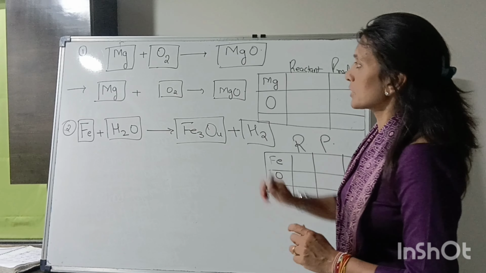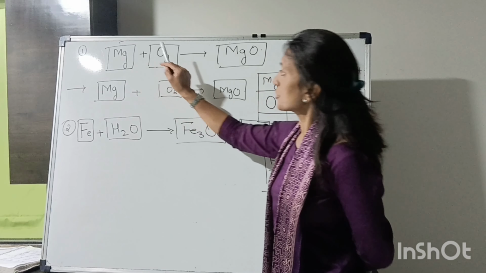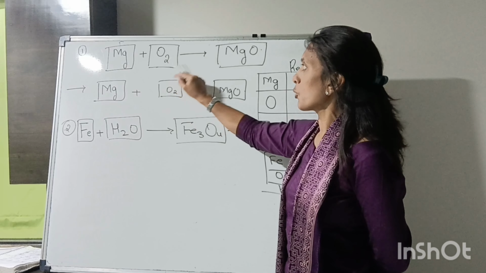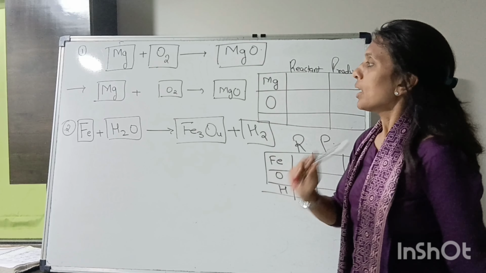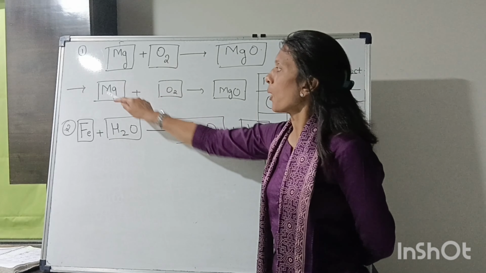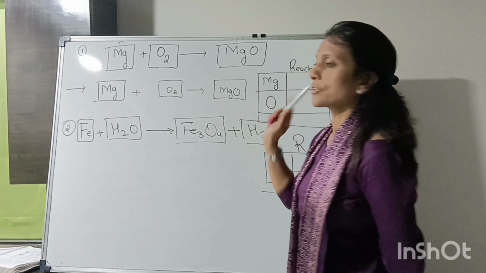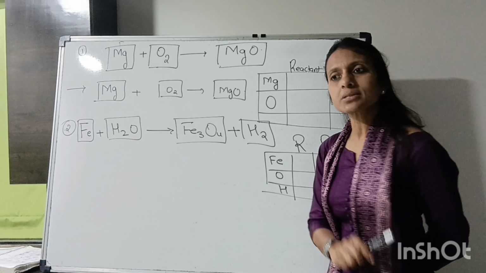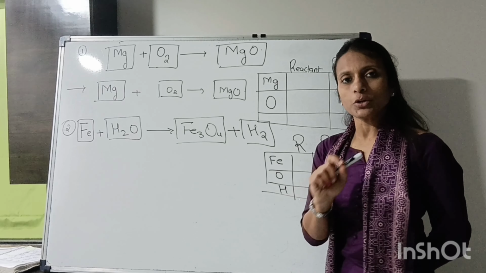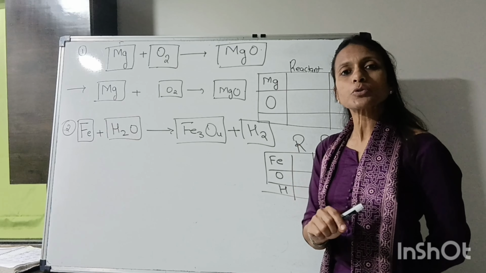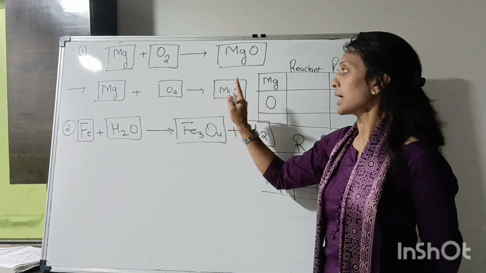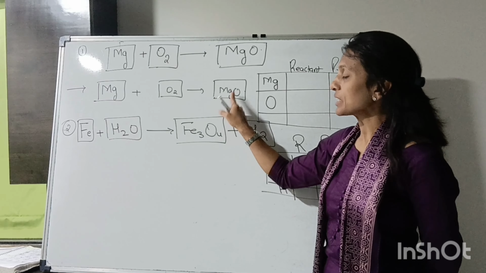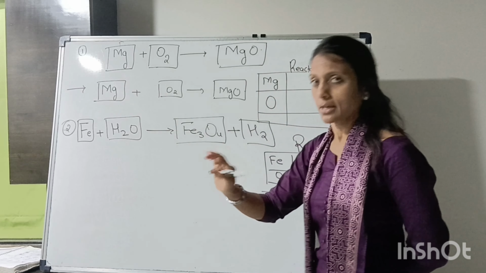Let us start with the first reaction. Magnesium reacts with oxygen O2 to give MgO. First step, you will make a box around the names of reactants and products. What does this mean? Any number when you are adding, you are not supposed to make any changes inside. Means here you are not supposed to add any numbers inside.